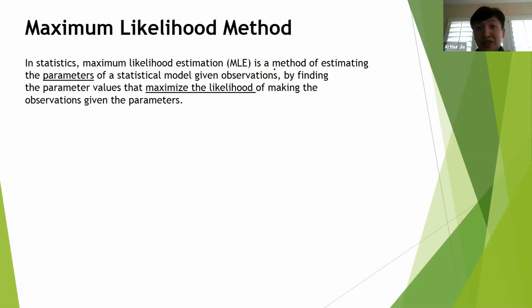We use this method to find the parameter values that maximize the likelihood of making this observation given the parameters. I'm not sure if it is clear. The definition is kind of hard, but if you read it a couple of times, you will be able to understand this.